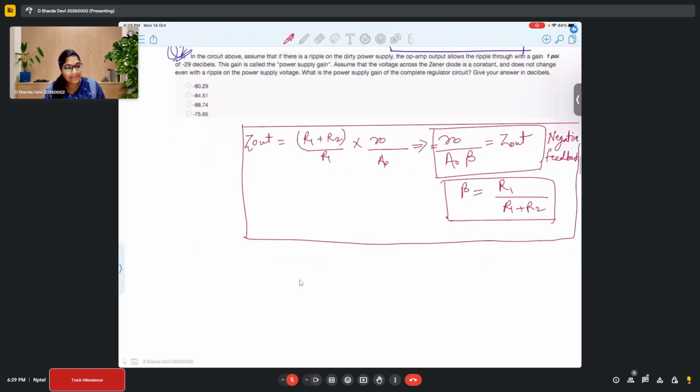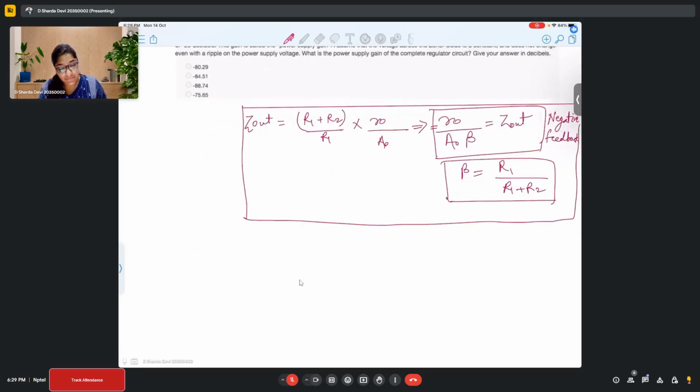So this is an insight that can be derived from the problem. Now, coming to the second problem.